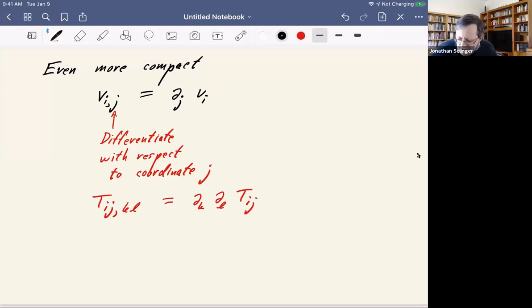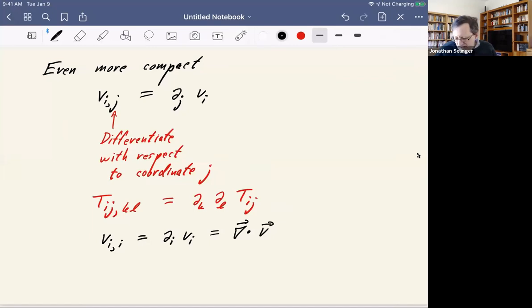And then you still follow the same rules about repeated indices. And so V i comma i means del i V i, which means the divergence of V. So this is the super compact way of writing the divergence. And if you're differentiating scalars, you don't even need anything in front of the comma.